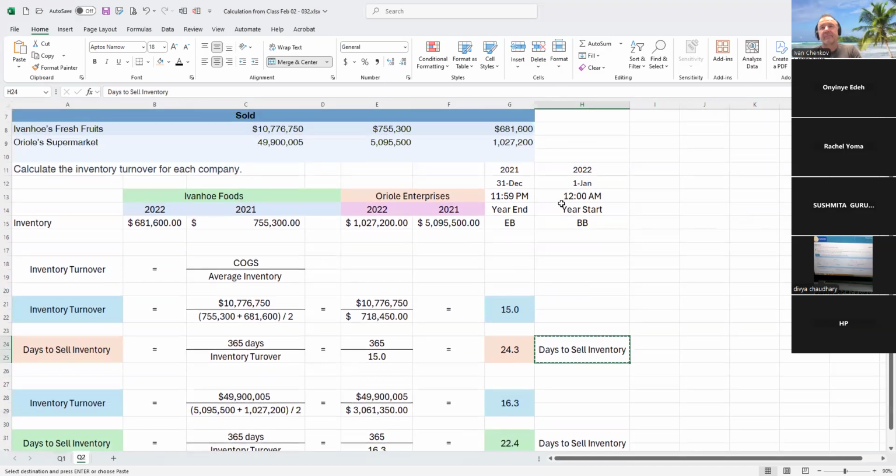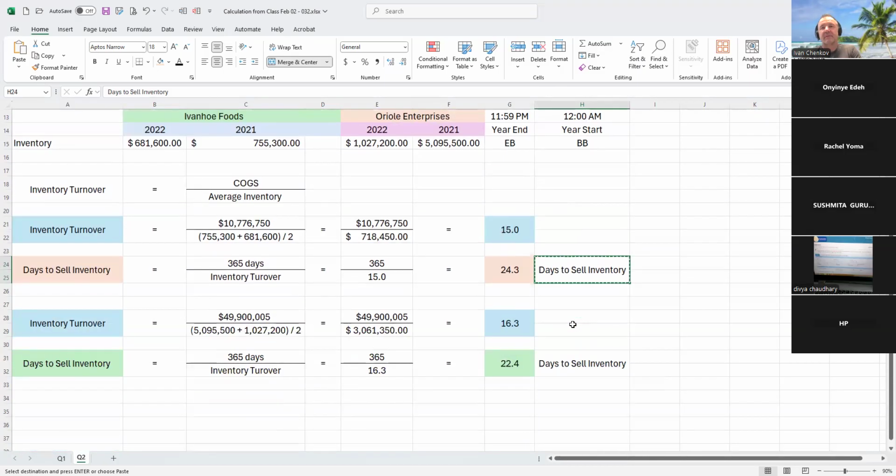Even though the days to sell inventory is lower than in comparison to the fresh market, it's still not good. So we have to give the reasons as per the company's nature, not just by looking at which number is lower. Not like that, right? Not like that, no.